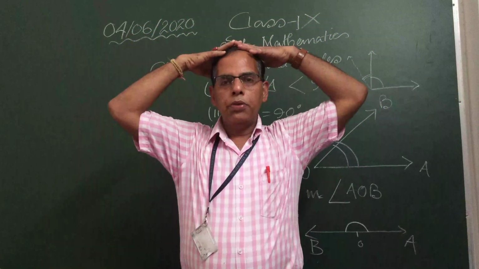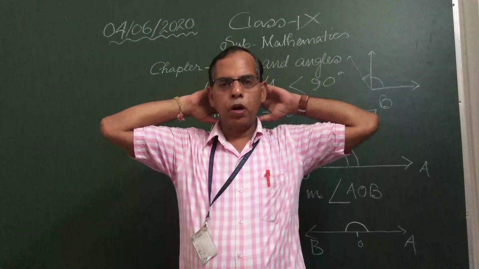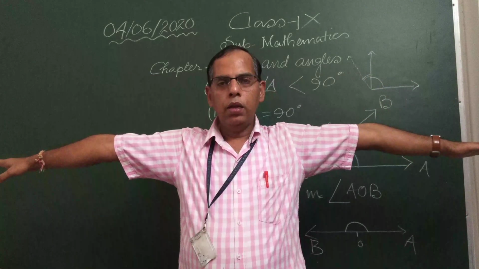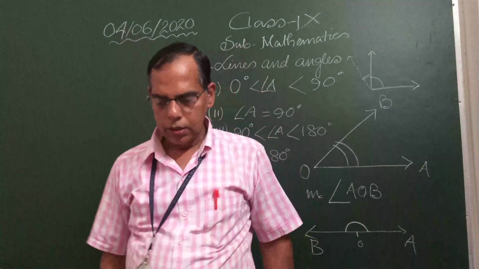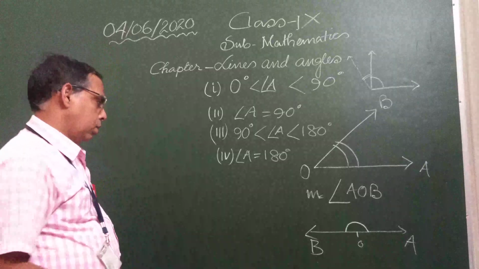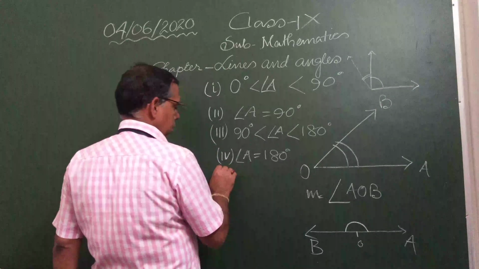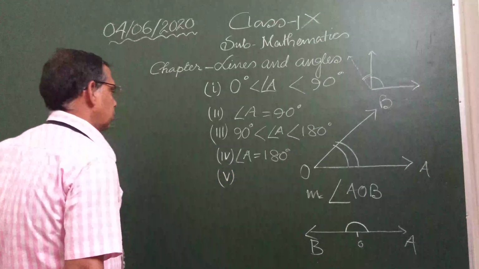This is the angle. Suppose this is the point of intersection of the two rays, and these are the two rays. Okay? Then it is a straight angle. So, number 4.